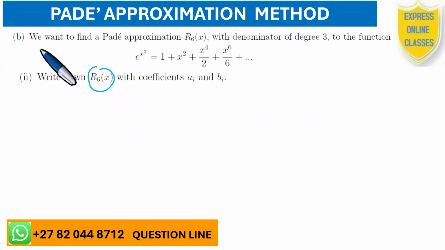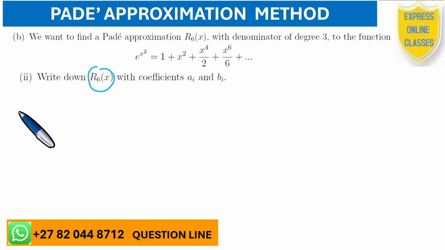Because in Roman figure 2, we want to find a Pade approximation R6 of x with a denominator of degree 3 to the function e to the power x squared, 1 plus x squared plus x to the 4th over 2 plus x to the 6th over 6. Write down R6 of x with the coefficients ai, bi.